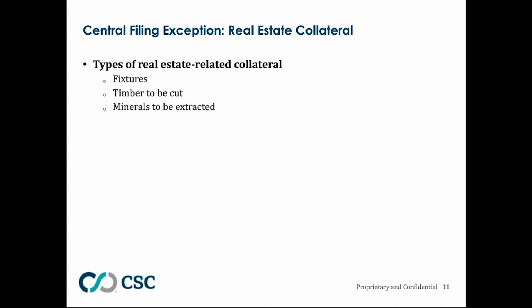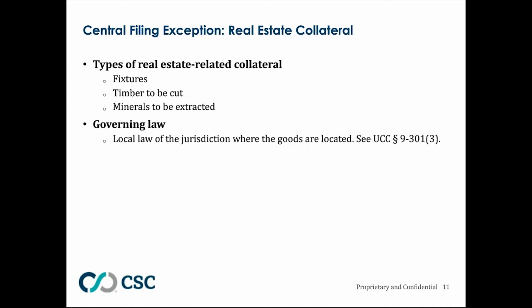Unlike the default rule where the governing law is the law of the jurisdiction where the debtor is located, for real estate related collateral like this, it's the law of the jurisdiction where the goods that either are or are to become fixtures are located. So the general rule here is you file in the state where the fixtures will be located, or the timber to be cut or minerals to be extracted, where the real property to which these relate is located.